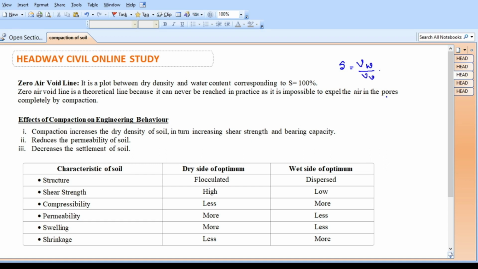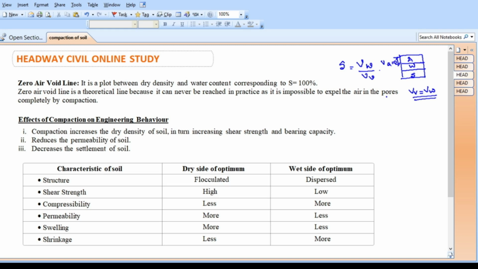When we consider it as 100%, since soil is a three-phase system comprising air, water and solids, that means there is no air present. Air is 0. That means the volume of voids is totally filled up with water. Theoretically this is possible, but practically it can never be achieved.